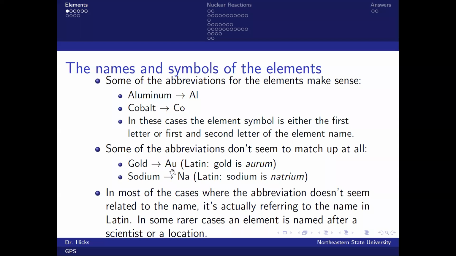Gold is Au, and it does make sense because it comes from a Latin term. So when you come across elements where their element symbol doesn't match up to their name at all, it's probably because it was named something else originally, or its name comes from a different language.